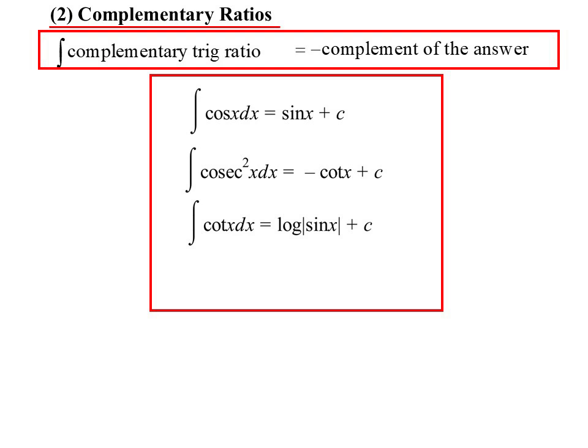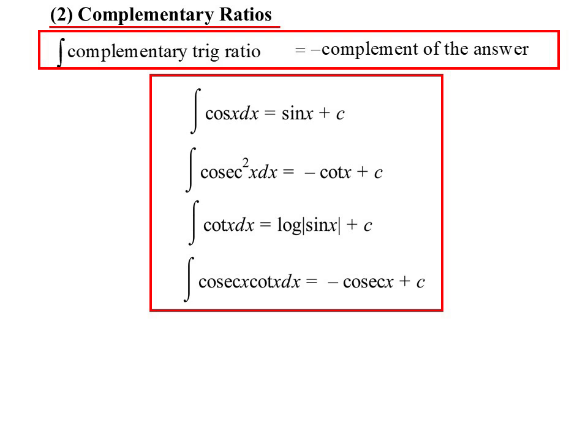Well, cot is the complement of tan, therefore the answer will be minus the complement of the answer for the tan. So we get, instead of minus the log, we've just got log, and instead of cos, we've got sine. Cosec cot, well, we just said that sec tan went to sec, therefore cosec cot goes to minus cosec.